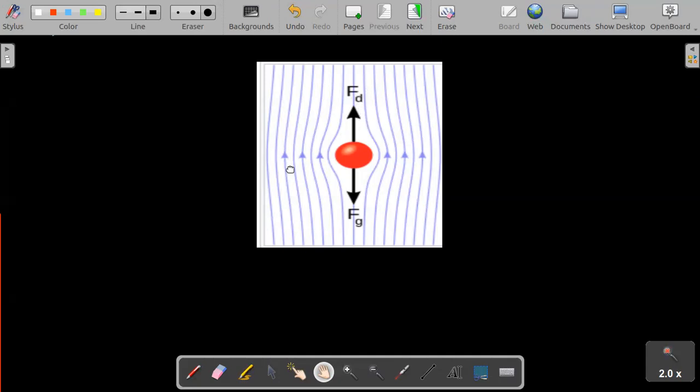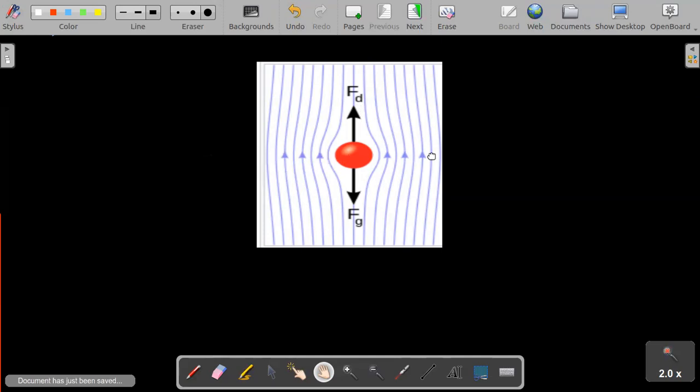So what I'm trying to say is the layers in contact are moving with the velocity of the object, and the layers away from the object remain at rest, which means there is a relative motion between the different layers of the fluid.